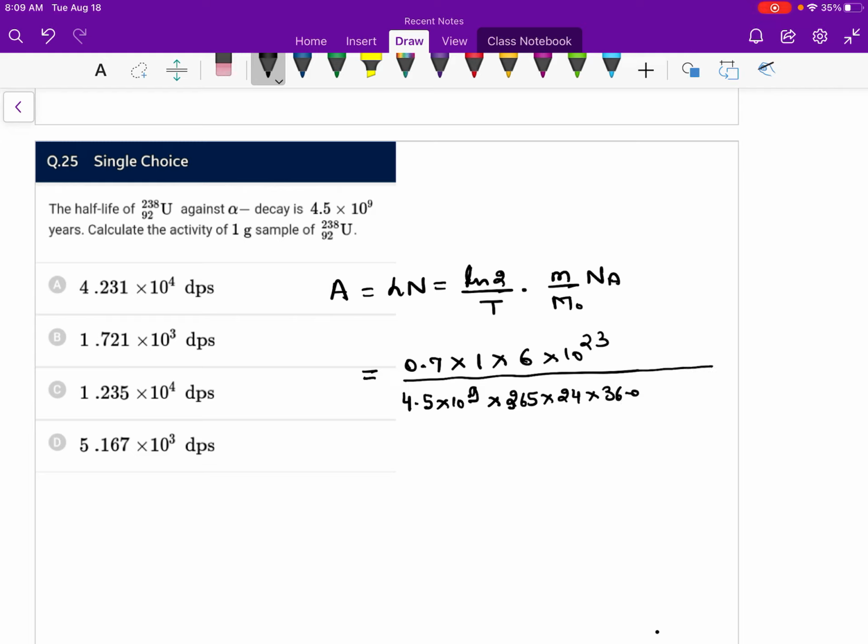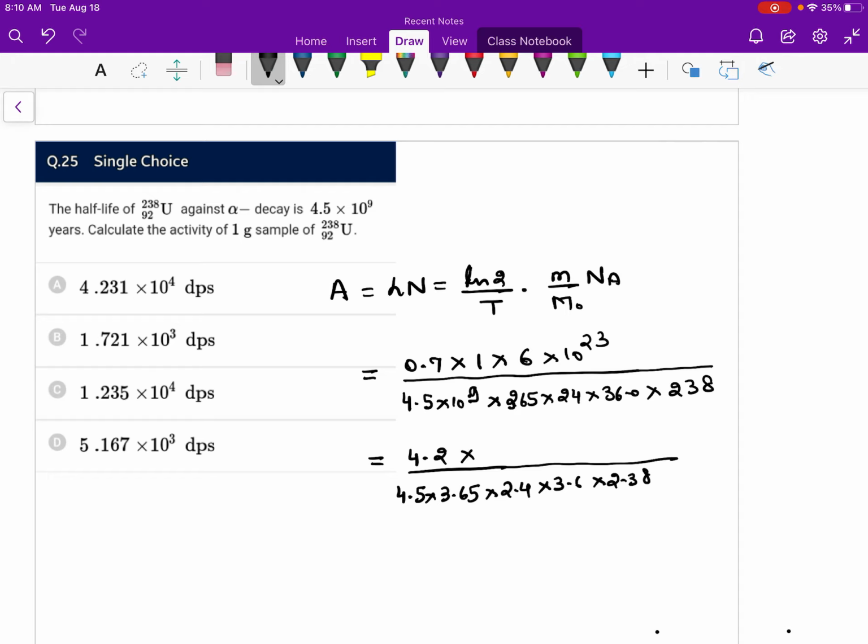And m naught is the molar mass, which is 238 gram per mole, so into 238. 0.7 into 6, that is 4.2. So 4.2 upon 4.5 into 3.65 into 2.4 into 3.6 into 2.38.